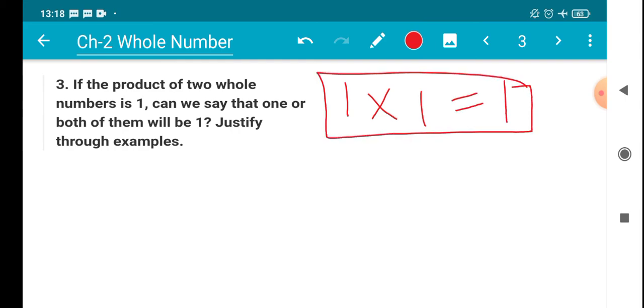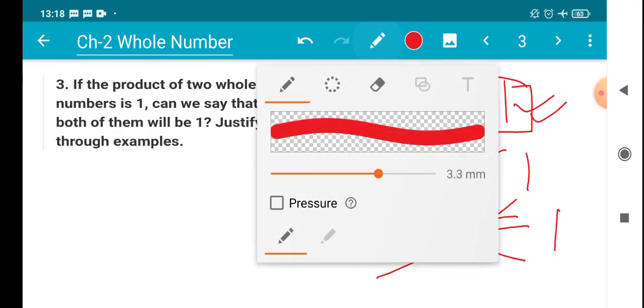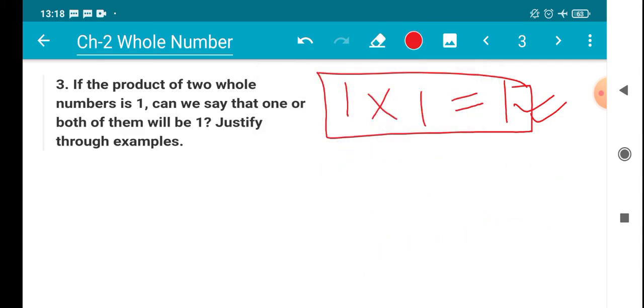If I write 2 into 1, will we get 1? No, never. If I write 0 into 1, will I get 1? No, never. So there is only one chance, when both the numbers are 1.